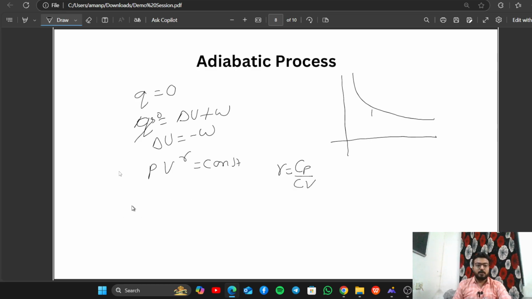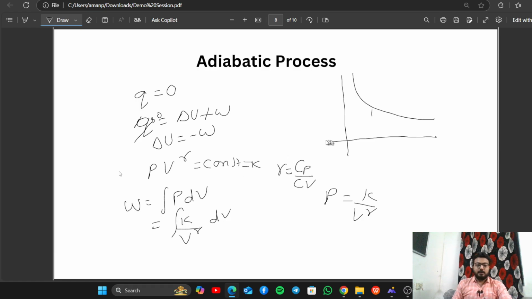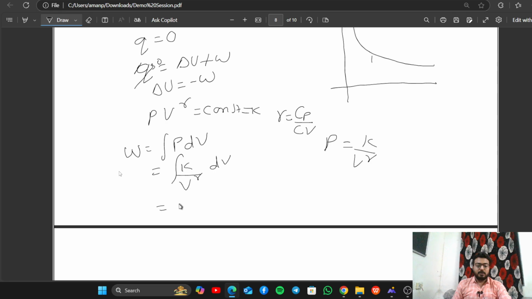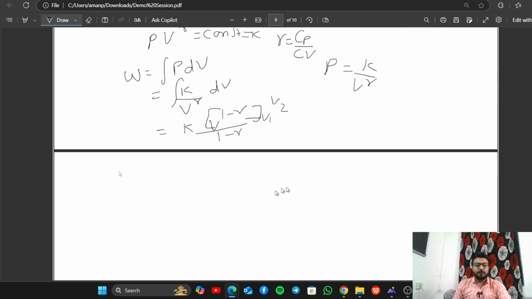Now, to calculate the work done by the adiabatic process, W equals the integral of P dV. Let PV^gamma equal K, so P equals K by V^gamma. So W equals the integral of K V^(-gamma) dV, and integrating we get K times V^(1 minus gamma) upon 1 minus gamma, from V1 to V2.